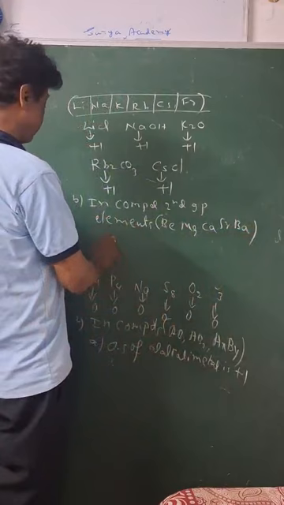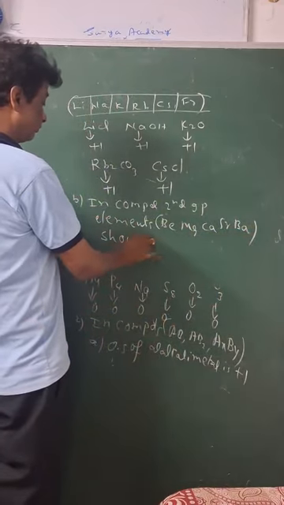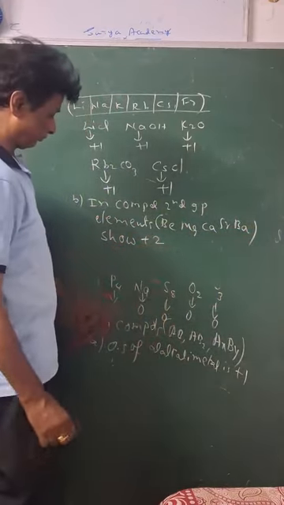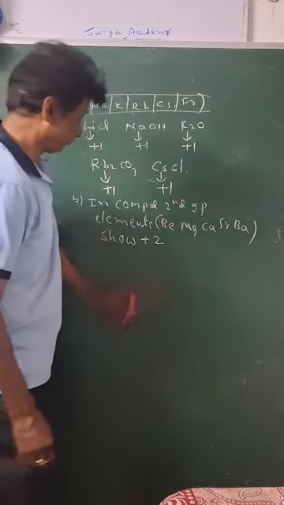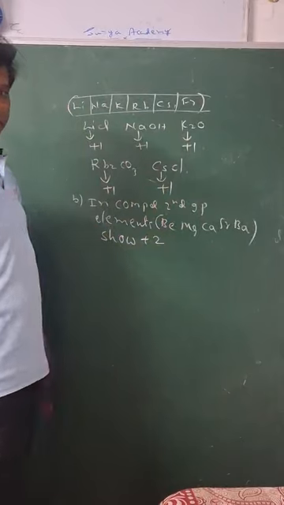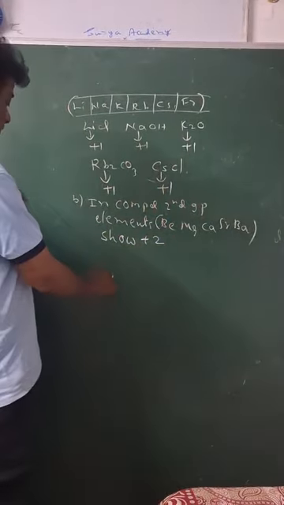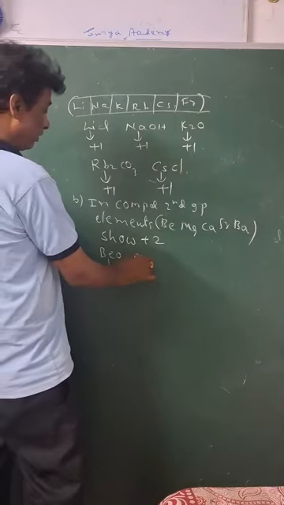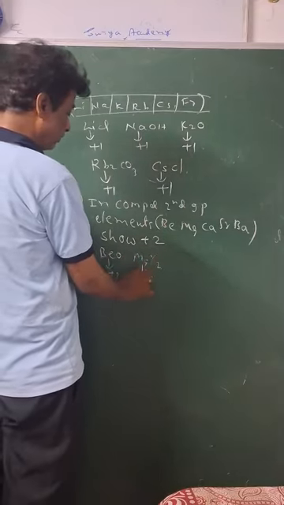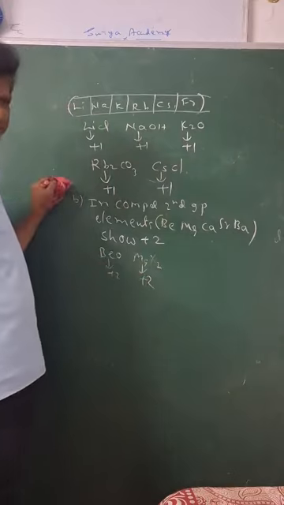Second group elements show +2. For example, beryllium oxide is +2, magnesium halide is +2.